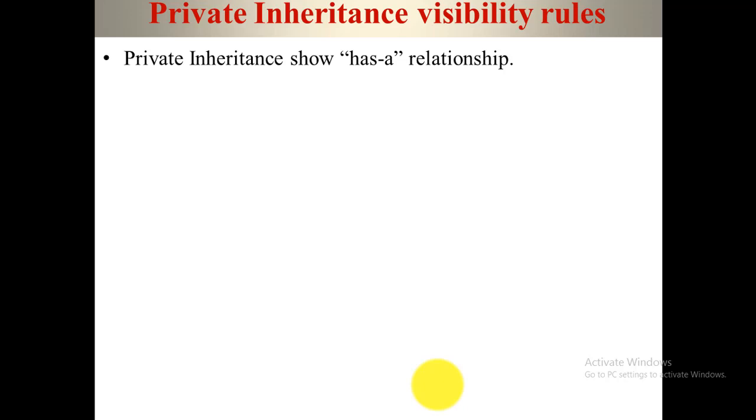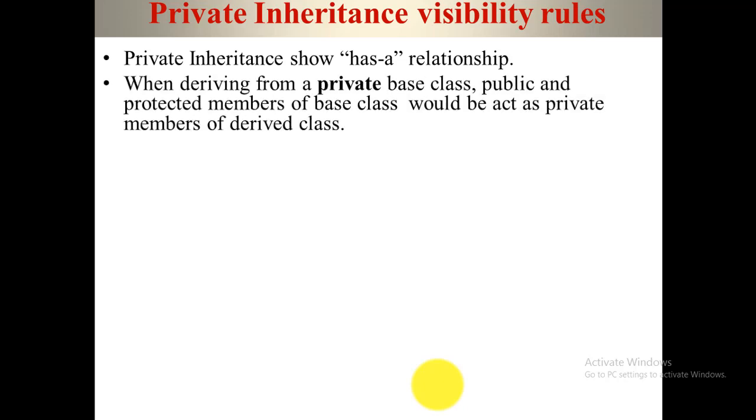Private inheritance shows a has-a relationship. When deriving from a private base class, public and protected members of the base class act as private members of the derived class. So in the same way, as the public and protected members of the private inheritance are private, in the child class they will also act as private.